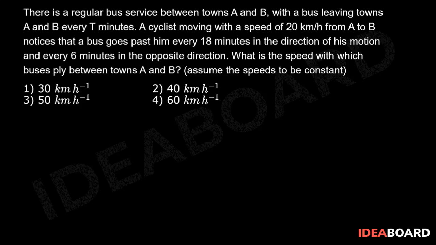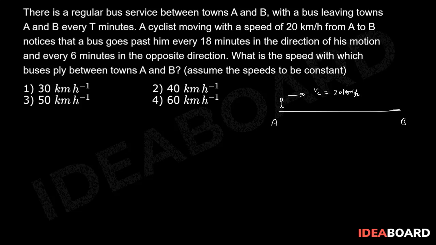Now let us analyze the situation. Suppose there are two stations A and B, and the cyclist is here, moving from A to B, and speed V cyclist is equal to 20 kilometer per hour.